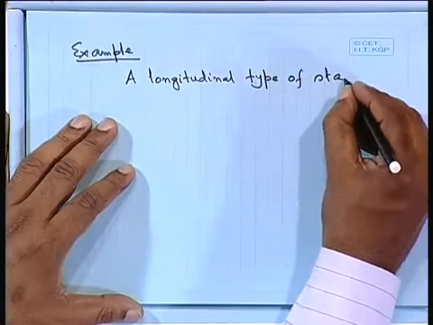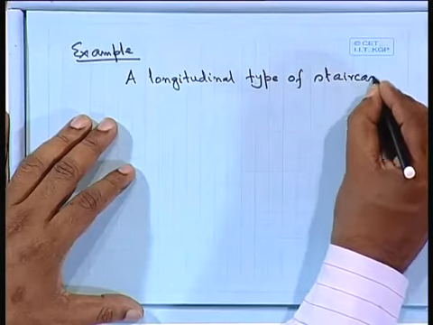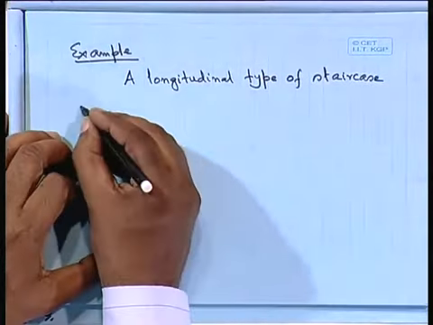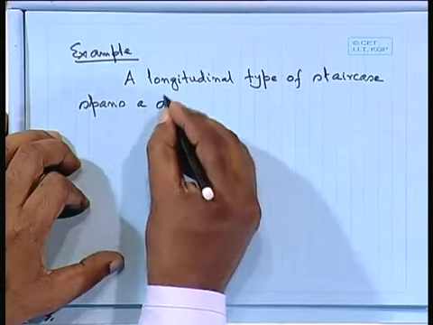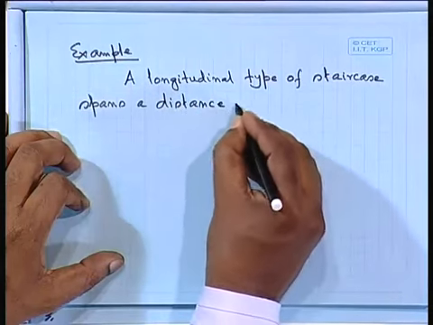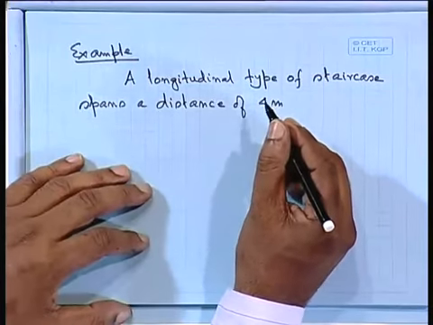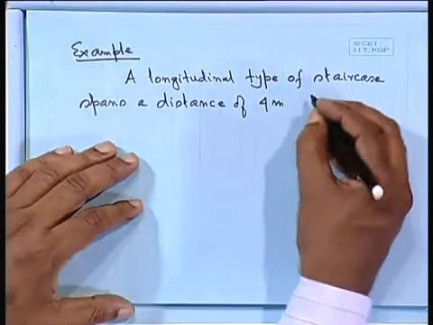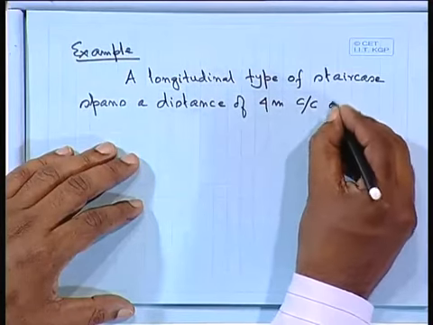So a longitudinal type of staircase spans a distance of 4 meter. That means it is supported by two beams and the distance between two beams is 4 meter.